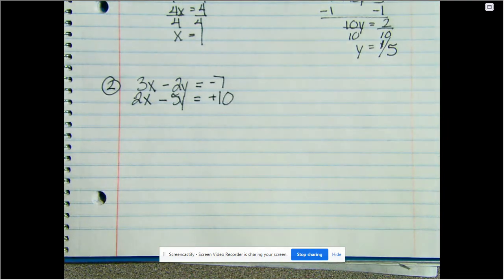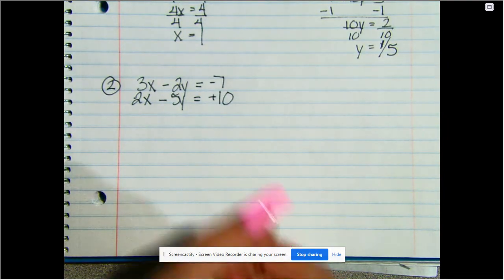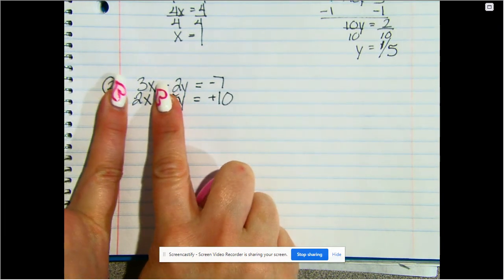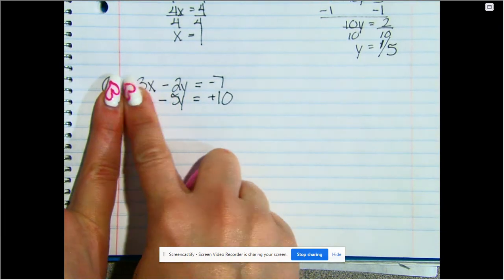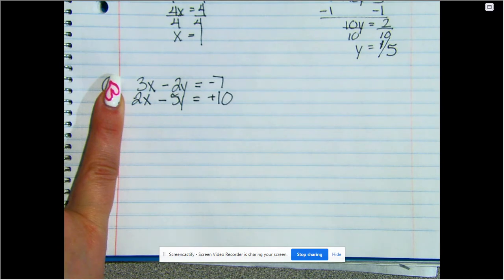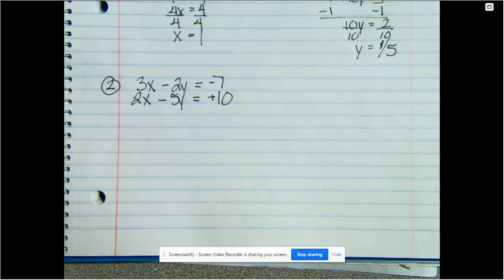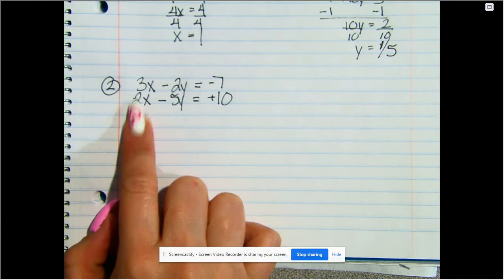Okay, so again, here is where the thought process comes into play. If I go the eliminating the x route, what is a common number or multiple? What is the greatest common factor? You're thinking of all these things of what can I multiply by to get a common number.